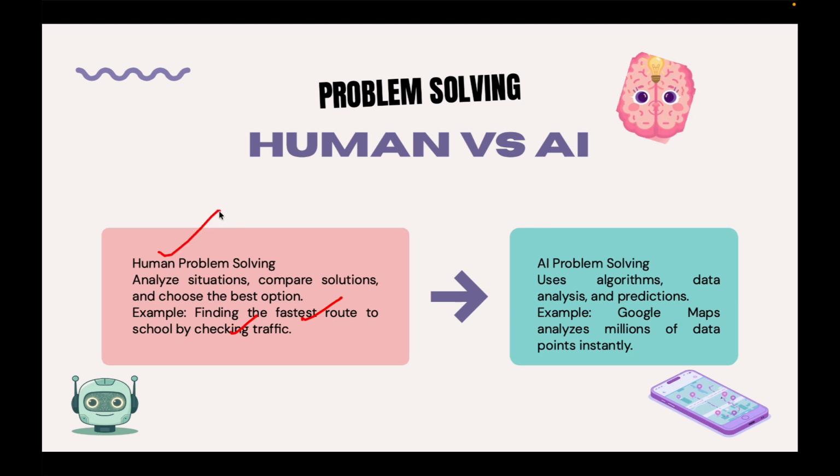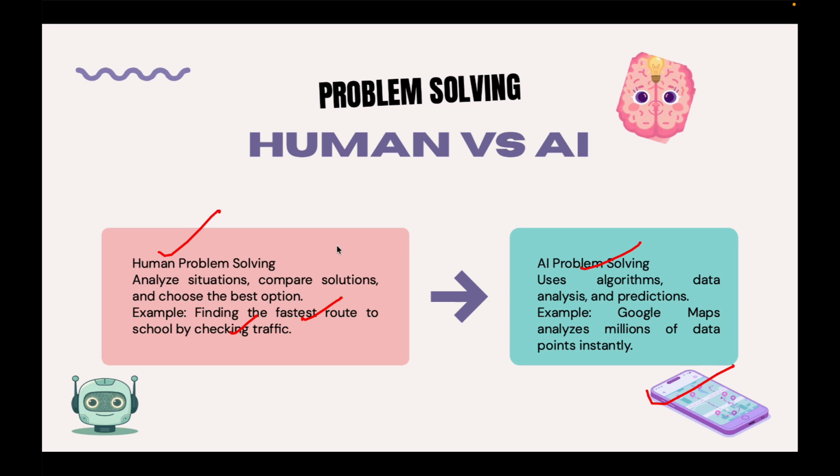Okay, in a similar way, AI problem solving: AI systems solve problems using algorithms, data analysis, and predictions. Take the example of Google Maps. Google Maps collects traffic data, analyzes road conditions, predicts travel time, and suggests the best route. The AI system continuously calculates millions of possibilities in real time, and then gives you a result on that basis.